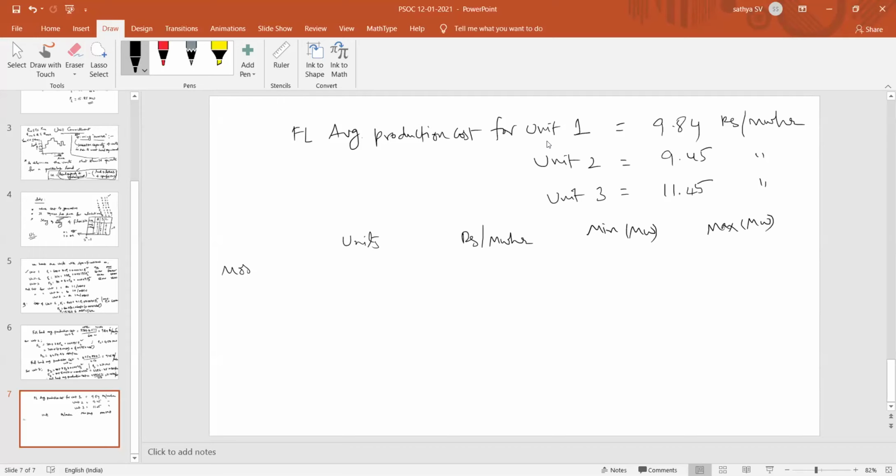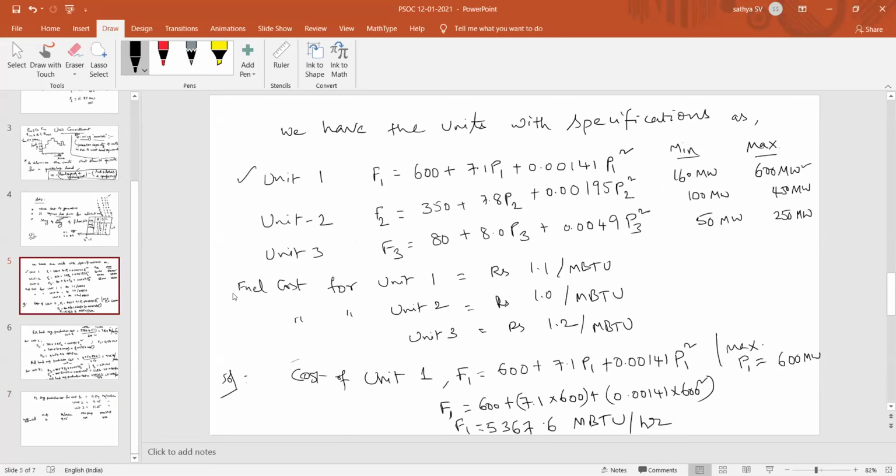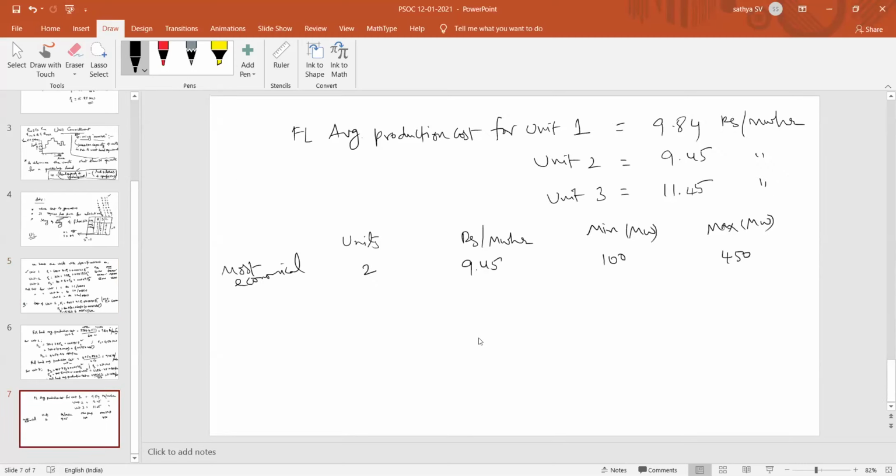So here I am starting with the most economical, that is unit number 2. The value we obtained is 9.45, and its minimum is 100 and maximum is 450. Correct? Later it is unit 1, the next preferred, followed by unit 2.